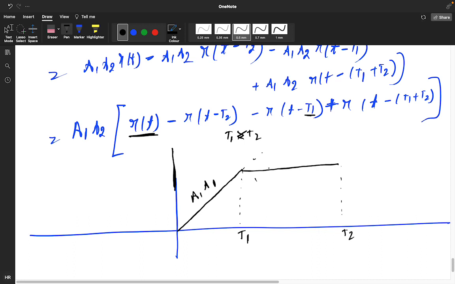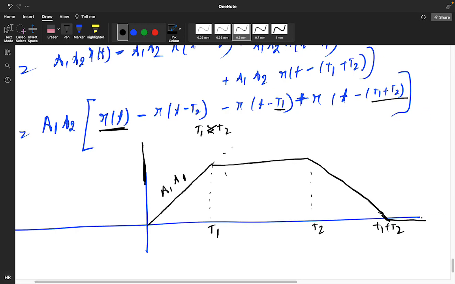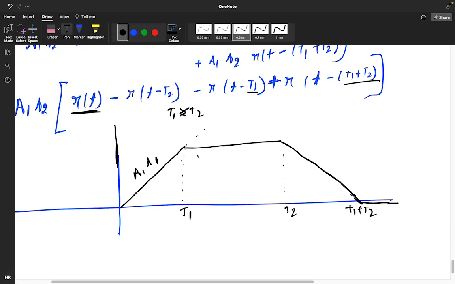Then at the t2 point, again we get the negative slope, so it goes down like this. And then one term will come, t1 plus t2, where we give the positive slope, so it will go like this. So the convolution result will be this, and you need to find this point.